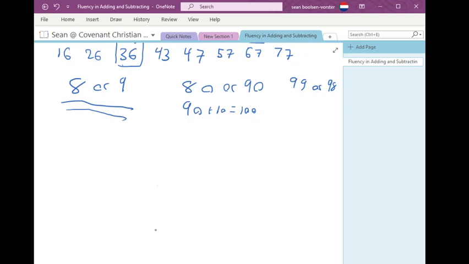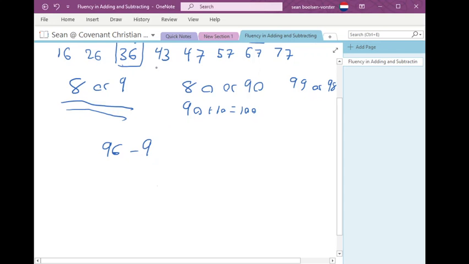Okay, so very similar to adding is subtracting. This I'll just go over pretty quickly here. If we have 96, right, and we're subtracting by 9, the idea here is very, very similar to the addition.